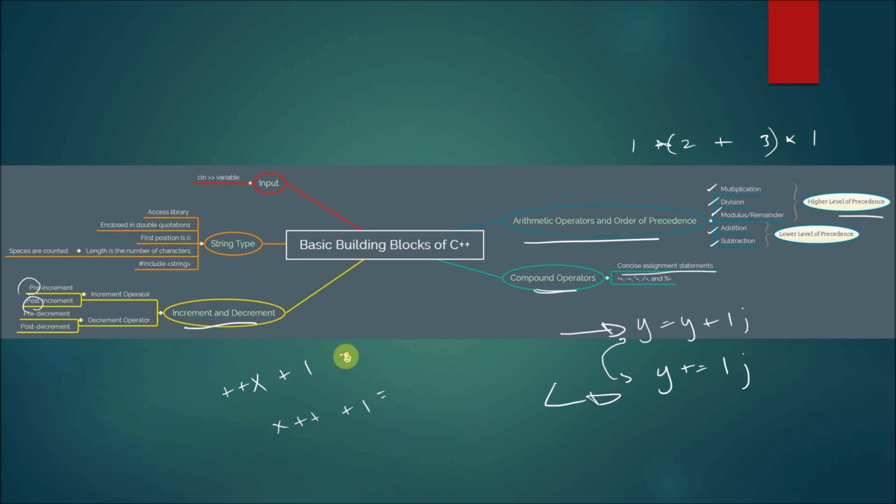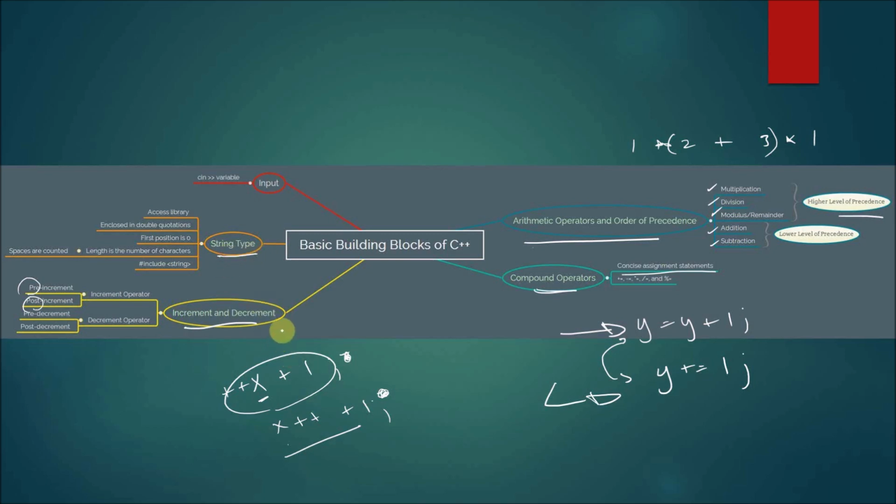In the pre-increment, your variable will increase and then the expression is evaluated, while in post-increment, your expression is evaluated first and then x is incremented.